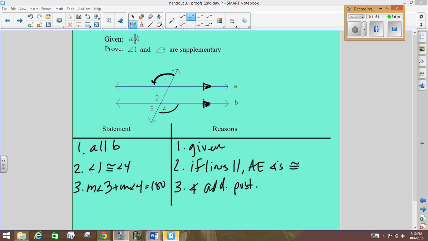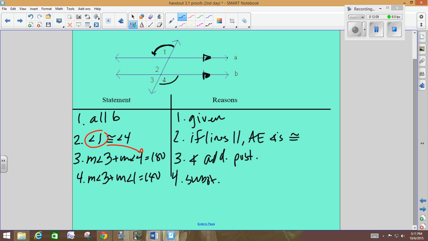Substitute 1 in for 4, good. Measure of angle 3 plus the measure of angle 1 equals 180. And if two angles add up to 180, we say they are what kind of angles? Supplementary, right? Angle 3 and angle 1 are supplementary. And that would be by the definition of supplementary angles.